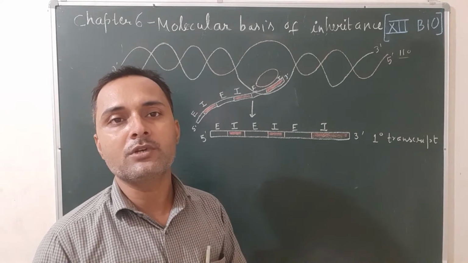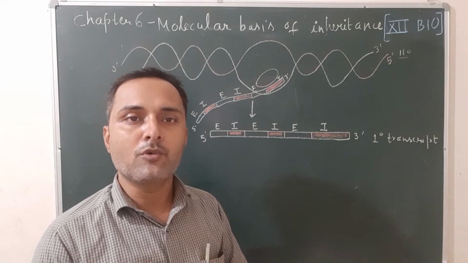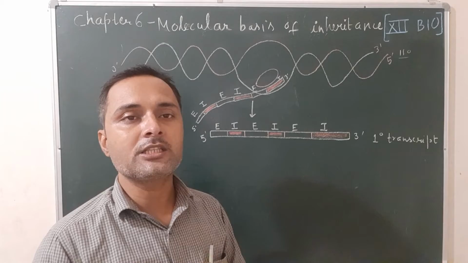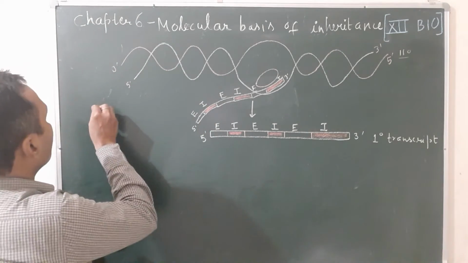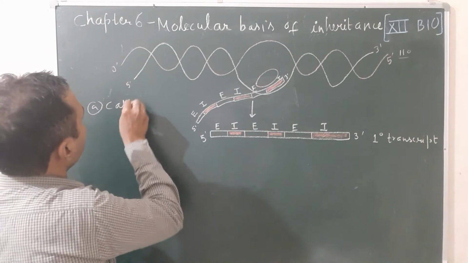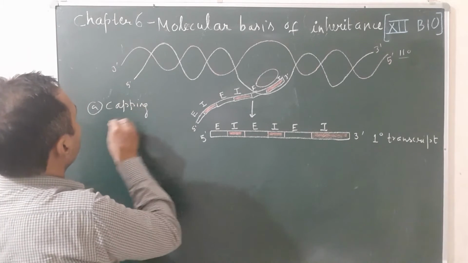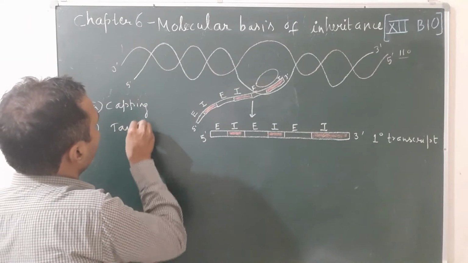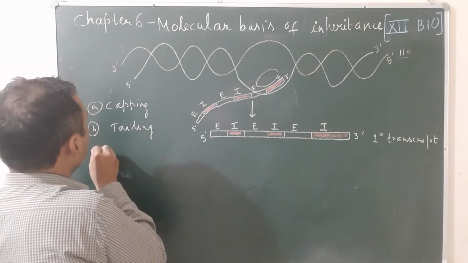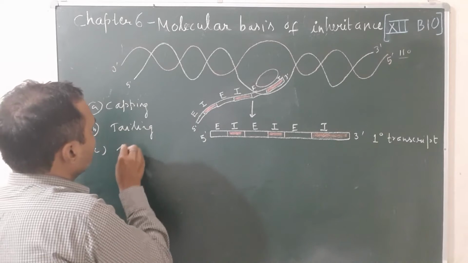That modification is known as post-transcriptional modification. There are 3 stages in post-transcriptional modification. The first one is capping, the second one is tailing, also known as polyadenylation, and the third one is splicing.